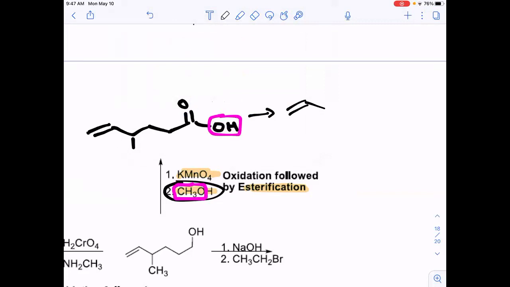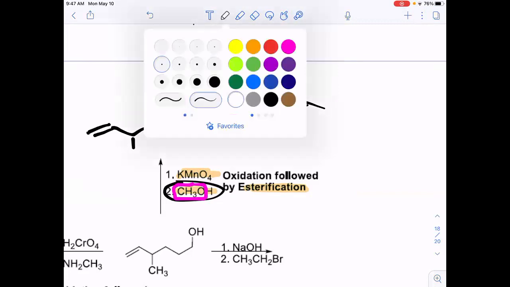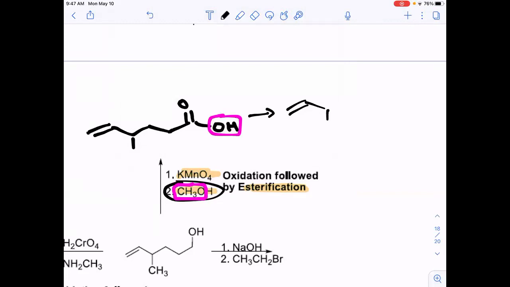All right. So then the final product is going to look like this, not like that. And that's going to be plus water.